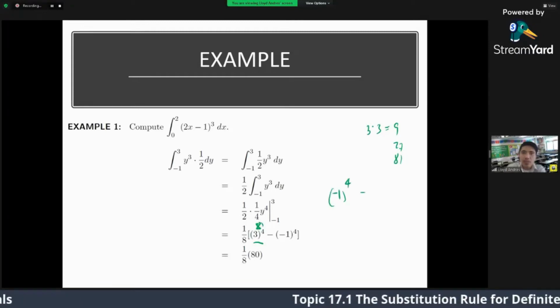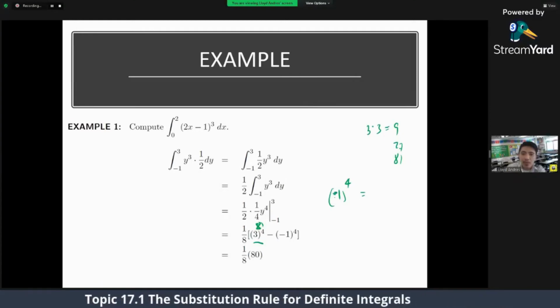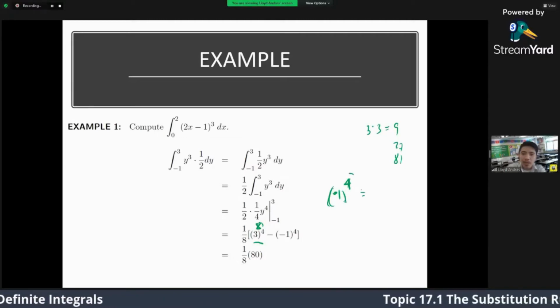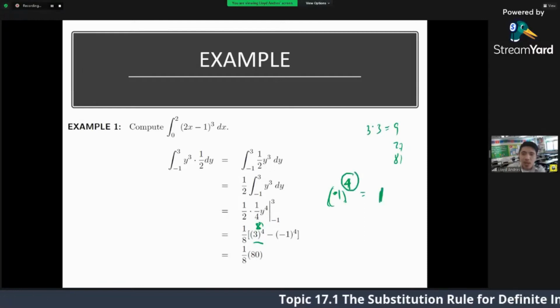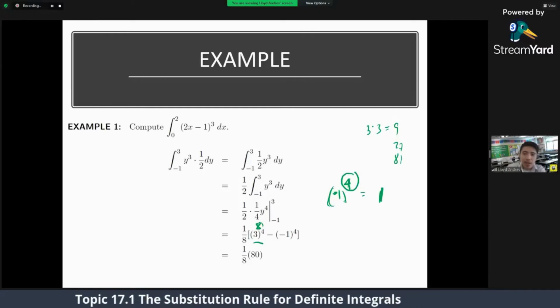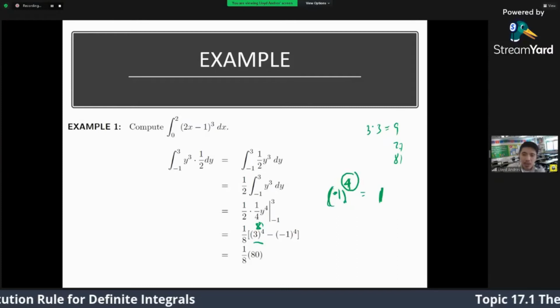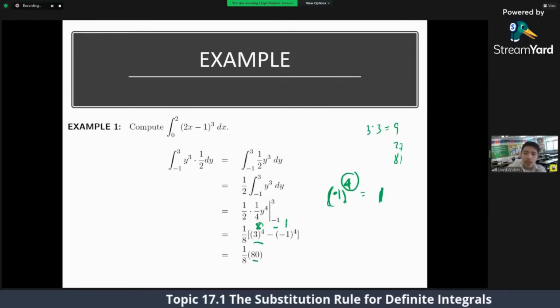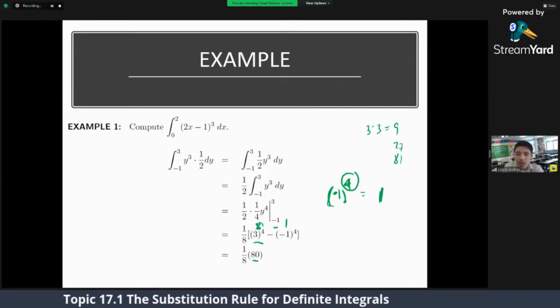Remember, when a negative is inside parentheses with an exponent, if the exponent is even, the answer is positive, and if odd, negative. So it is positive 1. Then 81 minus 1 is 80, and 1/8 of 80 is 10.